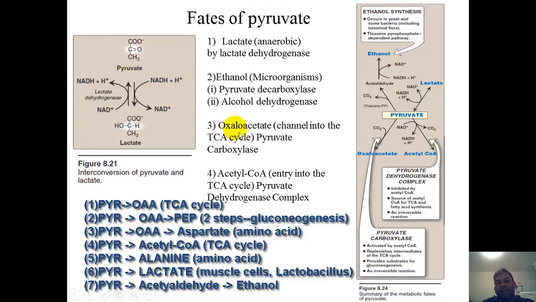All right, and what I've also mentioned to you is that oxaloacetate can, in a 2-step process, get converted back to phosphoenolpyruvate. Oxaloacetate can also be converted to aspartate, so that's amino acid metabolism. This pyruvate can also get converted to the amino acid alanine.